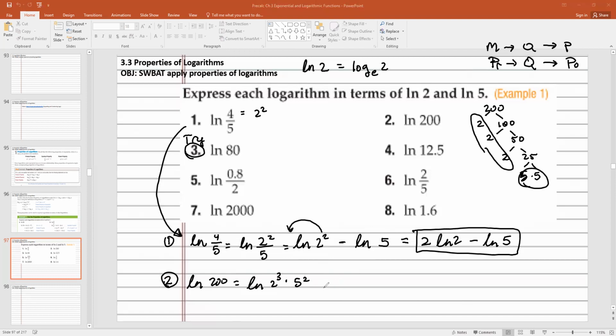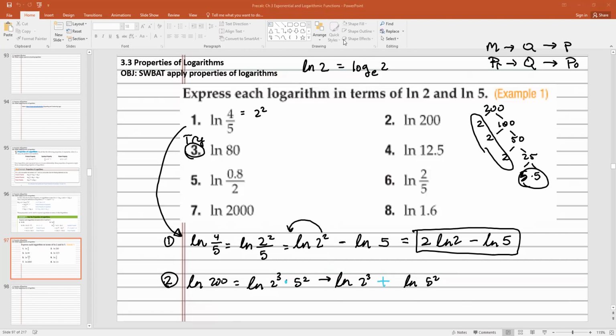So follow the order of operations again. So we have multiplication first for this one. So that multiplication, we have the 2 cubed and that 5 squared. Remember, natural log, the log goes to both. That times becomes plus. Ta-da!